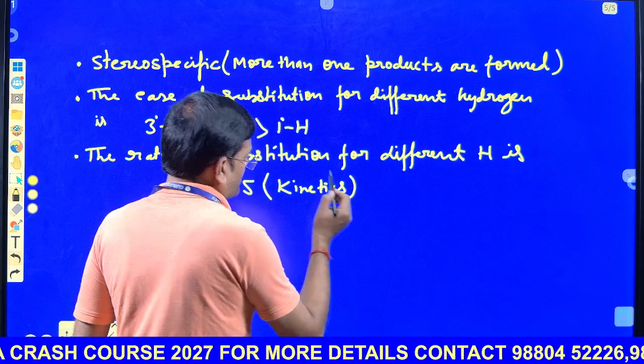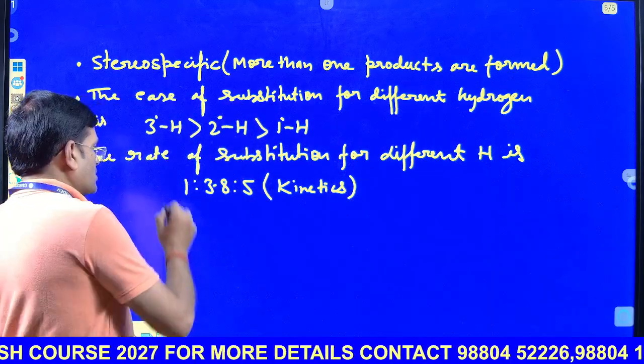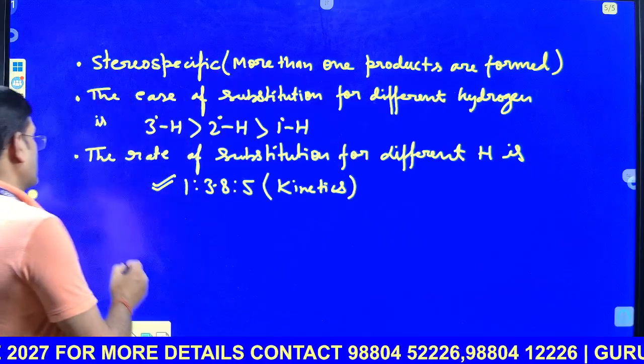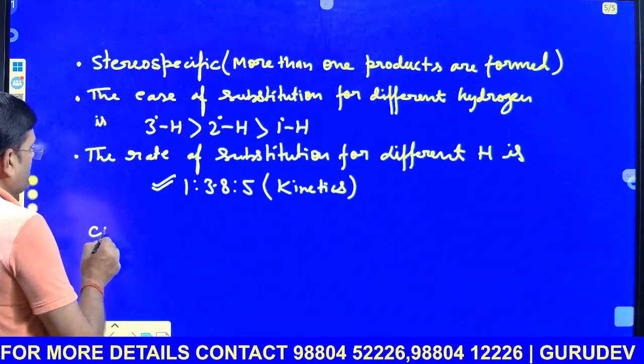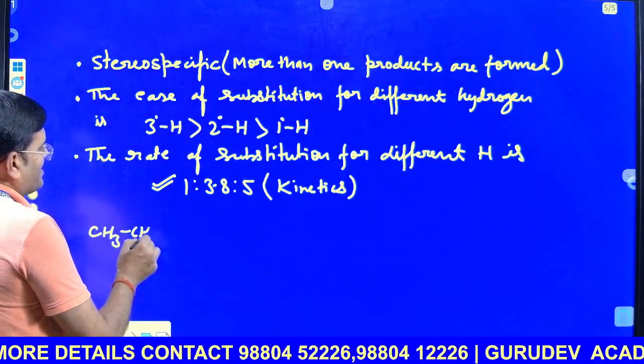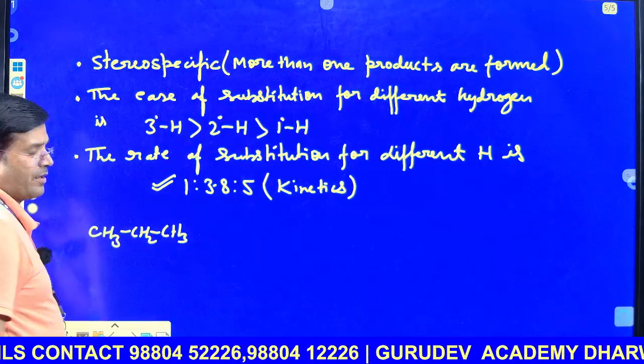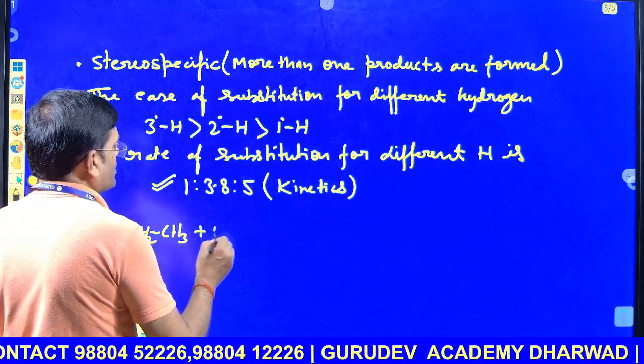It has been determined, right? So this is a very key point, because in several reactions you see, suppose you are having CH3CH2CH3, propane, and you are doing the chlorination.